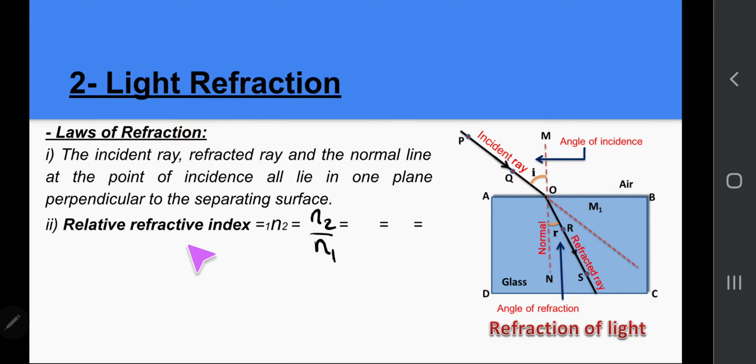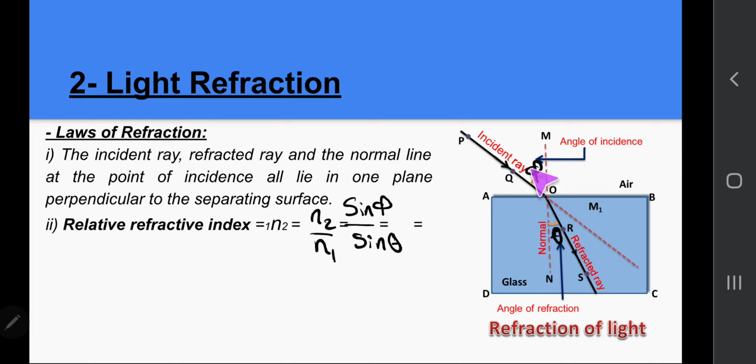And the relative refractive index is also the ratio between the sine of the angle of incidence, sine phi, over the sine of the angle of refraction, sine theta. It is the ratio between the sine of the angle of incidence in the first medium to the sine of the angle of refraction in the second medium. This is phi and this is theta.